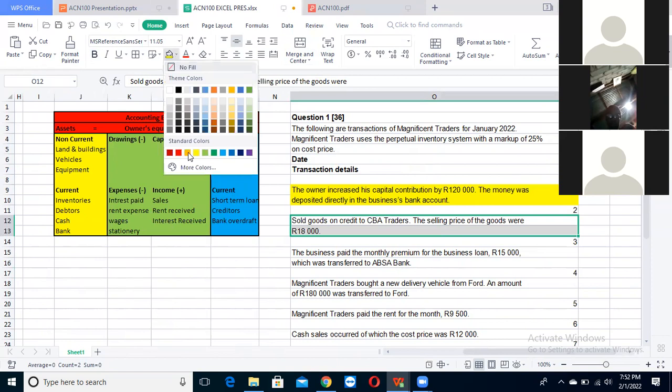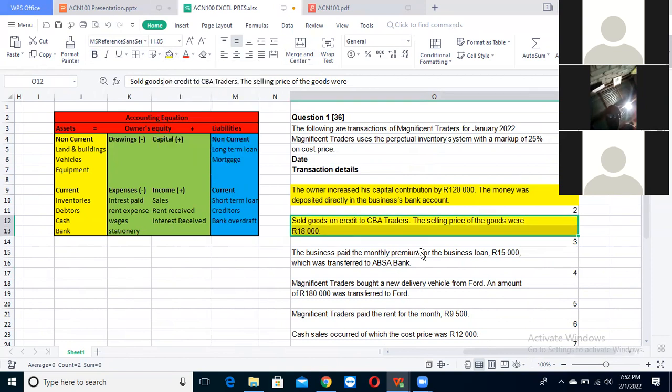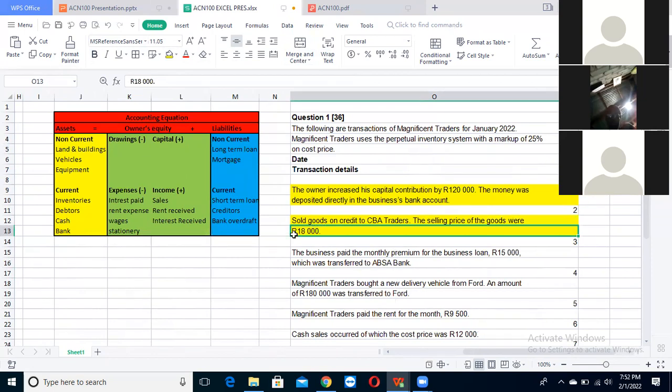I'm going to highlight it again so that you will see when I read. In transaction number 2, we are being told that we sold goods on credit to CBA traders. I have explained earlier on that when we conduct our business operations, depending on the nature of the business, we are bound at some point to sell our goods on credit because it's not always that the customers have got money to buy.